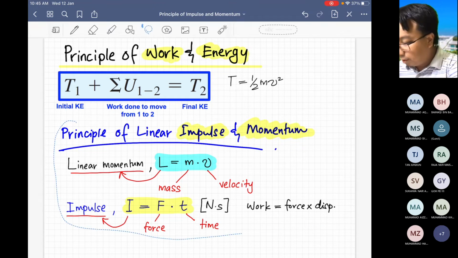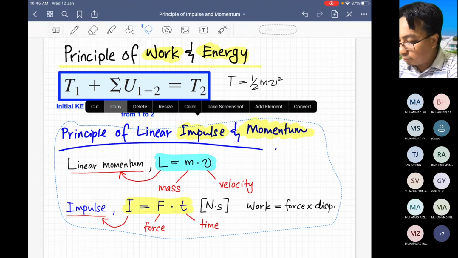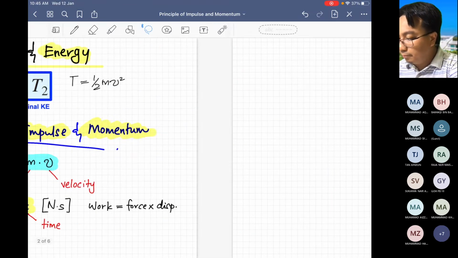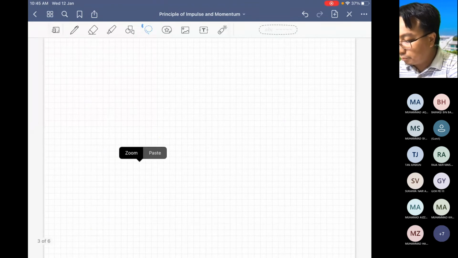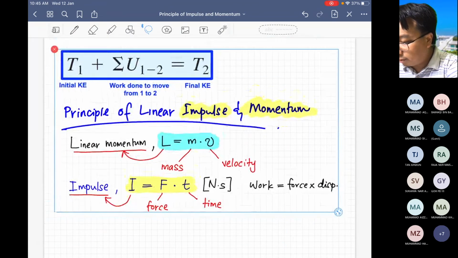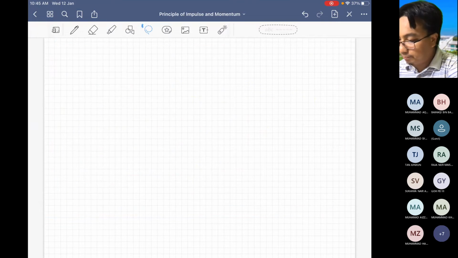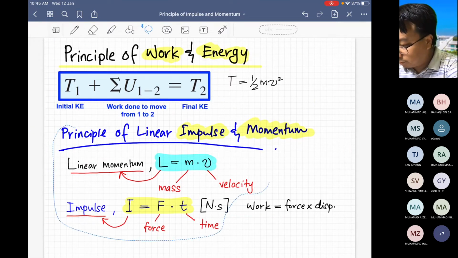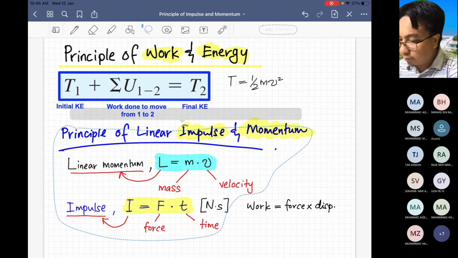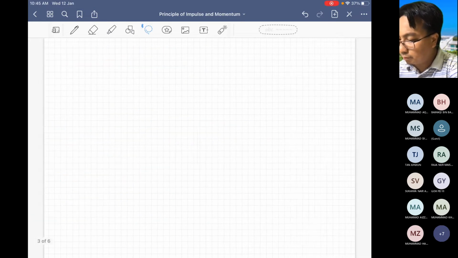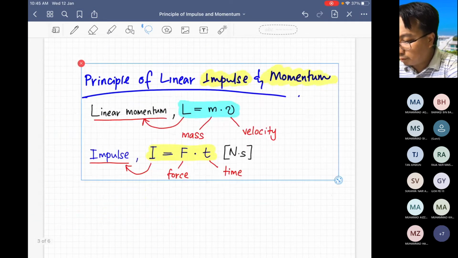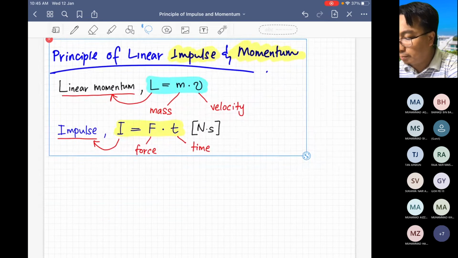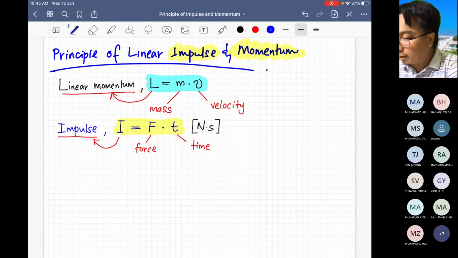So let me copy this. Okay, so we are talking about the principle of linear impulse and momentum.